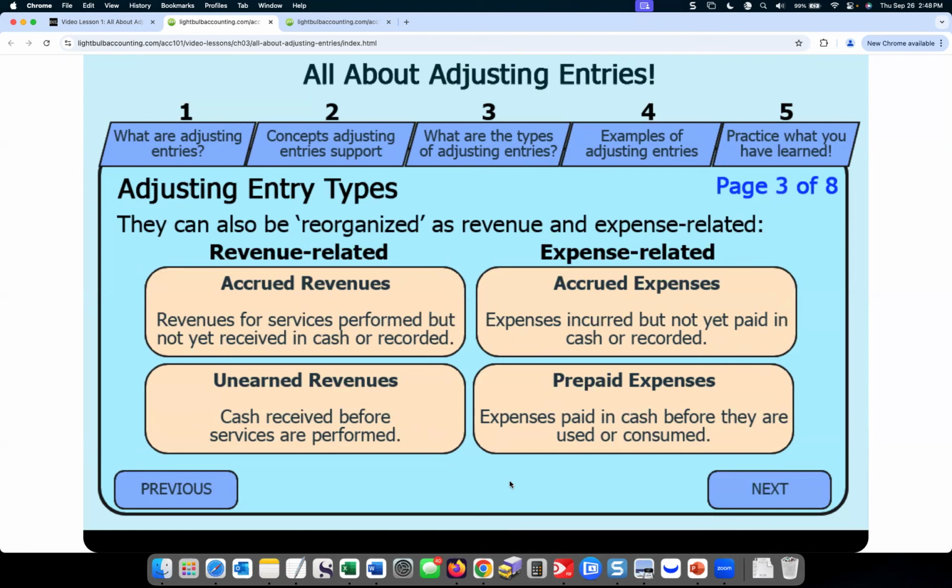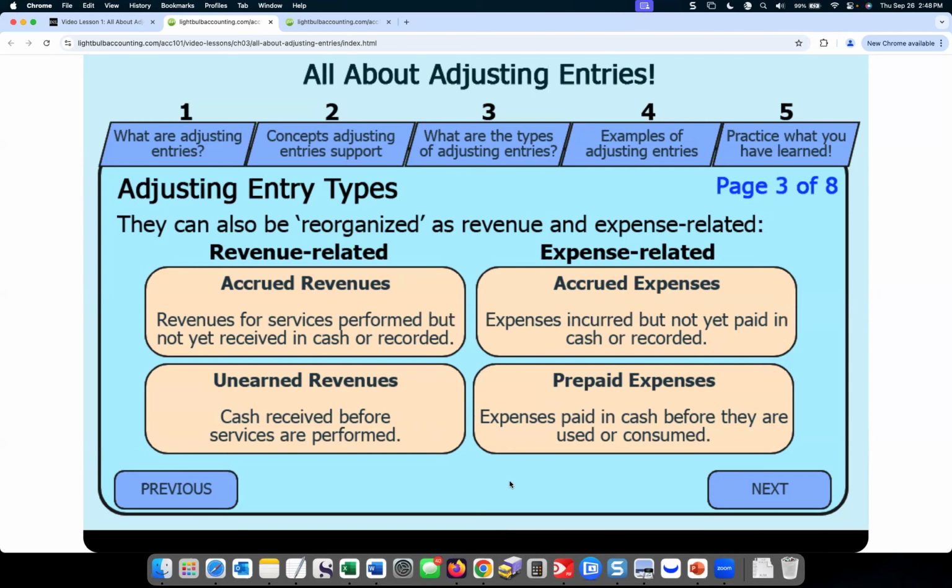So we can recategorize this. It's not like the deferrals and accruals went away. They're still there, but we can look at this from a different point of view. We've got 2 adjusting entries related to revenues and 2 related to expenses.